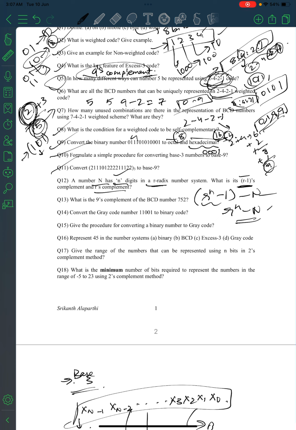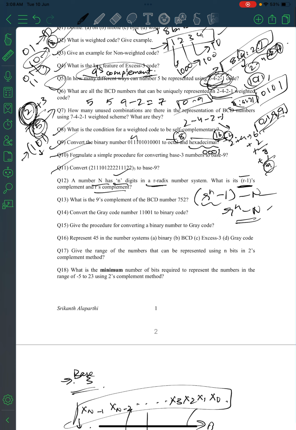What is the meaning of a 1's complement and a 2's complement for radix 2? The 1's complement means the max number possible using n digits.